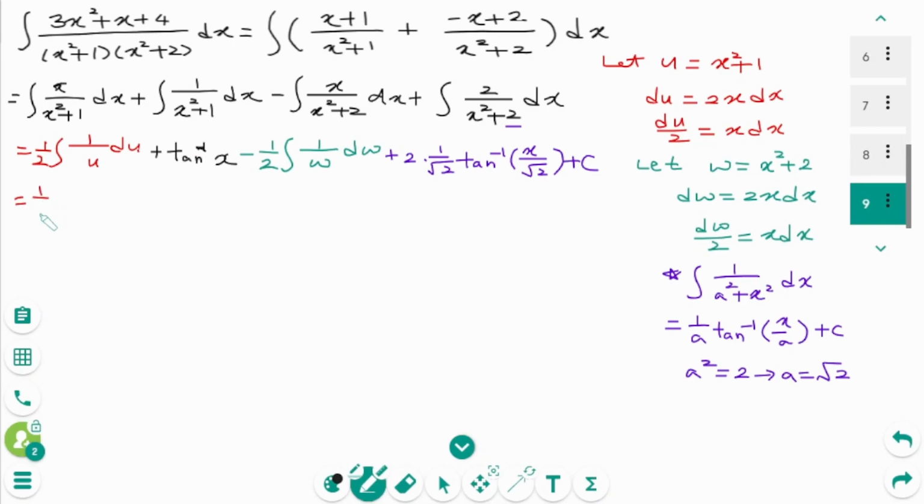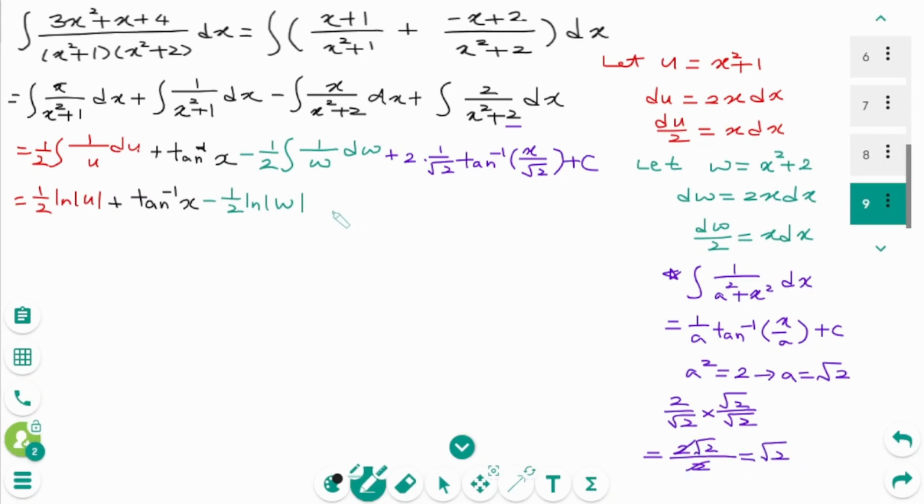Then 1 over 2, the integral of 1 over u du is natural log of the absolute value of u, plus arctangent of x, minus 1 over 2 natural log of the absolute value of w, then 2 over square root of 2 times the square root of 2 over square root of 2 equals 2 square root of 2 over 2, then cancelled, square root of 2.